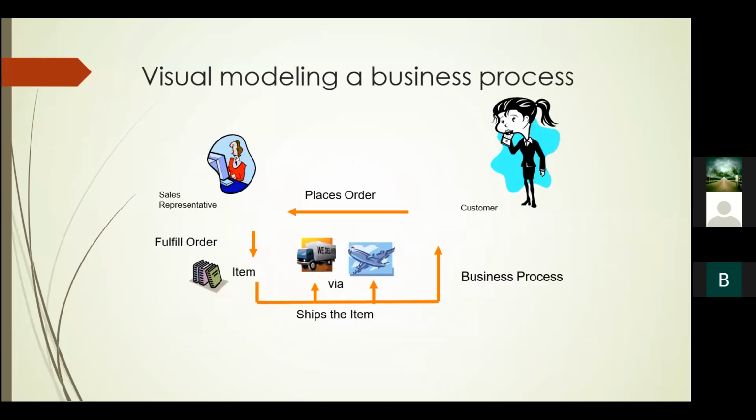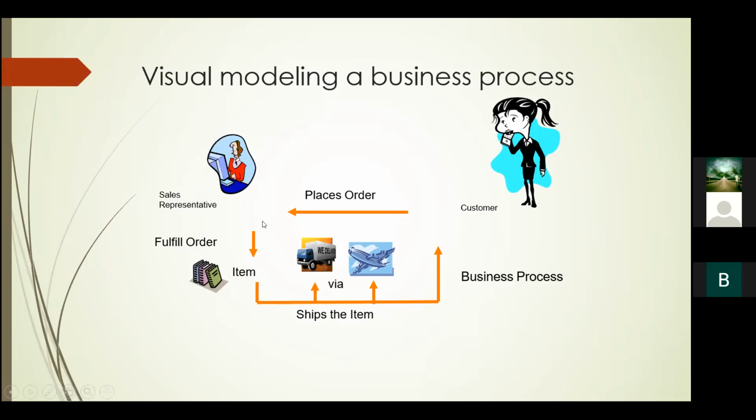So, in the business process naman, visual modeling a business process, it is a simple business process wherein meron siyang customer, from the customer, no, paano siya nakakapag-order. Ito po. Place order, then move to sales representative.